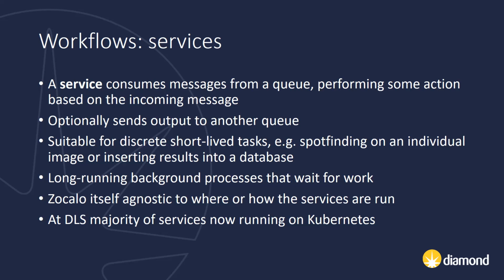Here, a service is something that consumes a message from a queue and does something based on that message, and then it can optionally send output to another queue. These are typically suitable for short-lived tasks, something like doing spot finding on an individual image, or inserting a single set of results into the database.